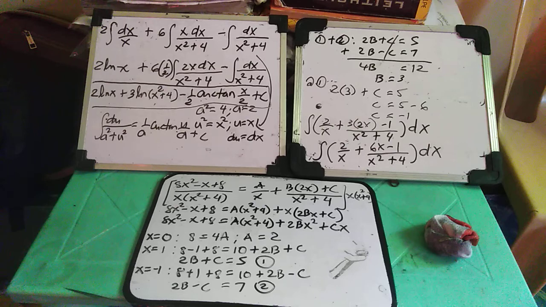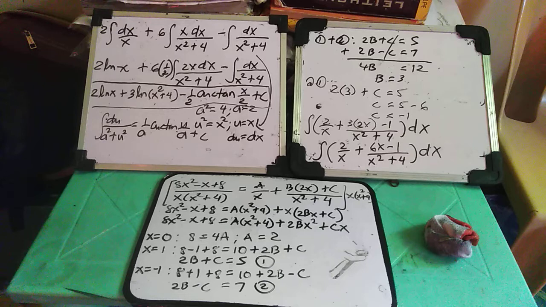So we have the final answer, 2 ln x plus 6 over 2, so that is 3 ln of x squared plus 4.